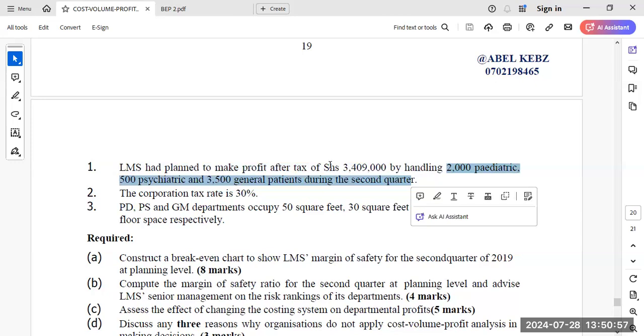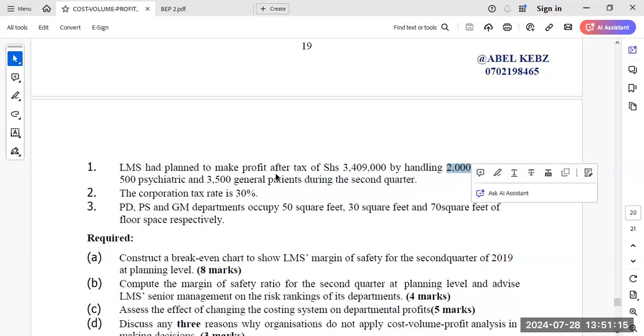So as you get the budgeted level, base it on these patients, don't base it on the other one. And total patients are how many? $6,000. That's what you're going to base on. Don't base on the other one.